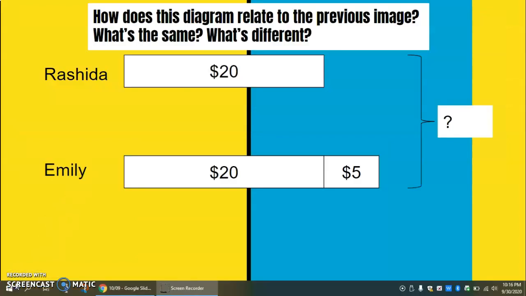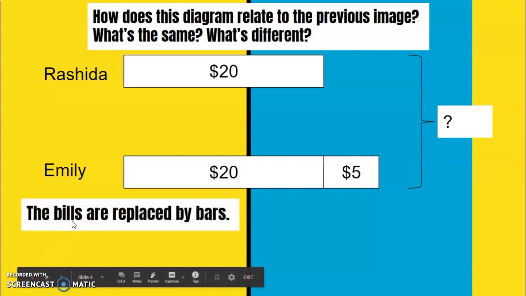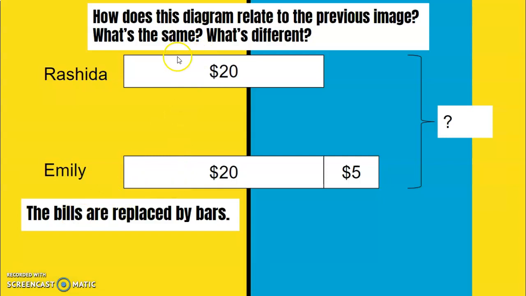So like I said, we were going to be using strip diagrams to compare. So looking at this strip diagram, how does it relate to the image that you saw with the dollar bills? What is the same? What are some similarities and what are some differences? So the bills are now being replaced by bars.